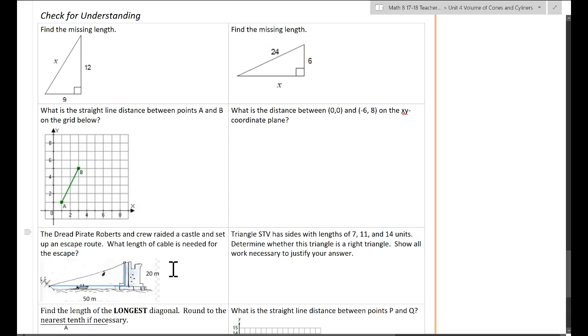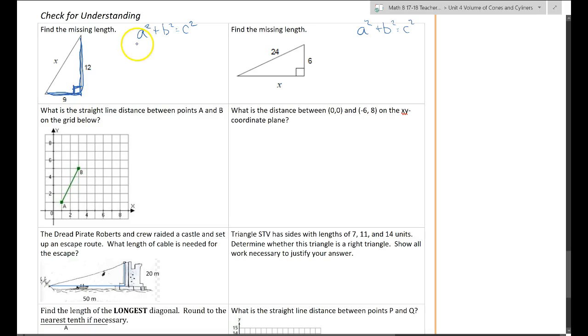All right, last but not least, the Pythagorean theorem. Please remember there are two different ways to do this, but always with the exact same formula: a squared plus b squared equals c squared. Here, I have the two legs, and I know that because they're the sides joined by the right angle.